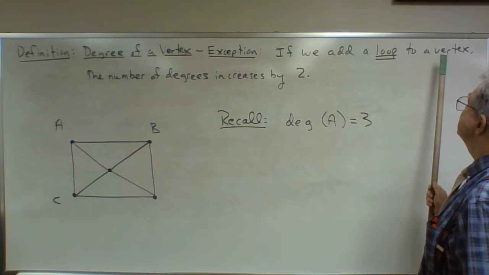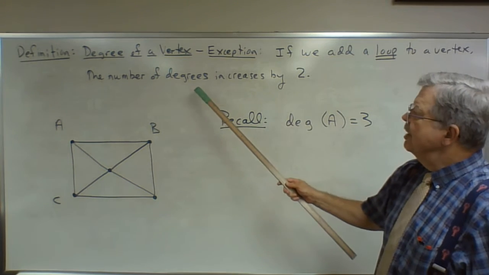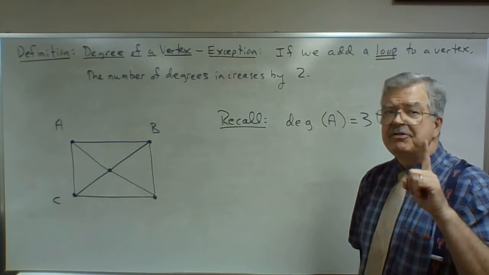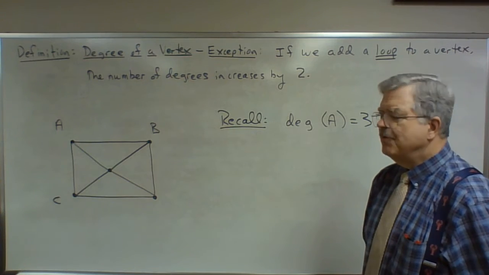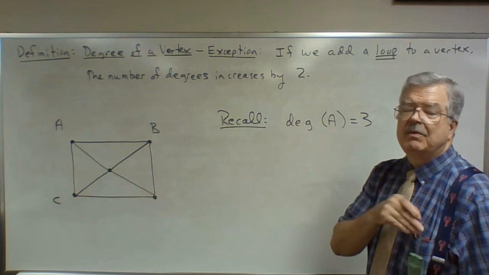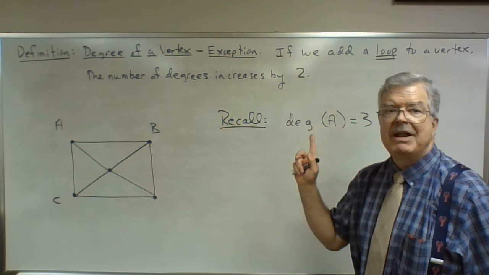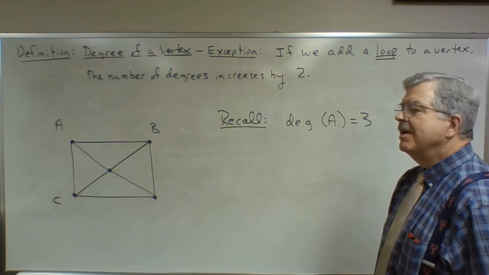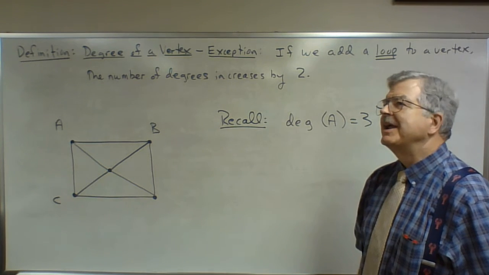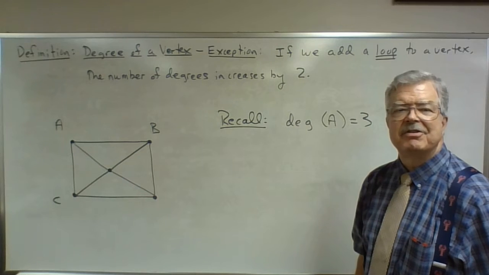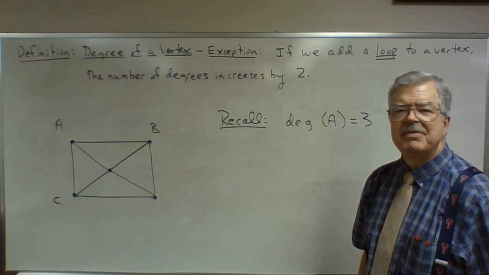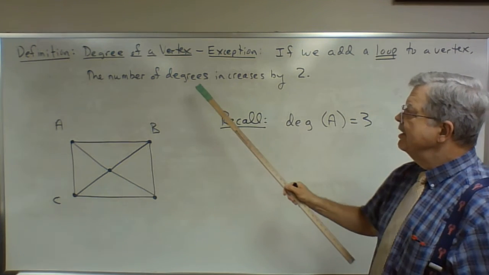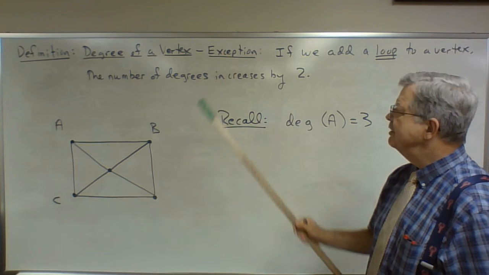If we add a loop to a vertex, the number of degrees increases by 2. Now, the loop is just one edge, so we think, well, we're only adding one edge, the degree should increase by 1. But I guess for reasons that prove beneficial if we do advanced study in graph theory, it was decided that if we add a loop to a vertex, the number of degrees increases by 2.